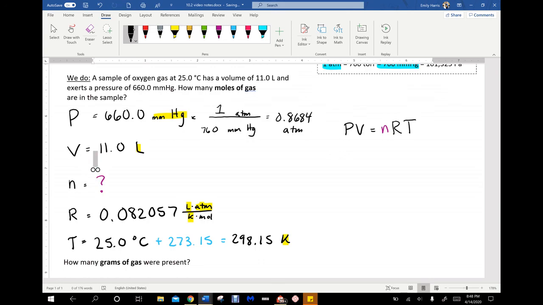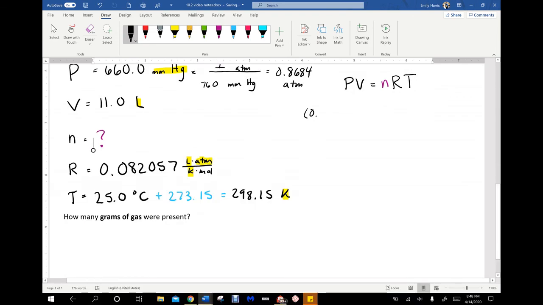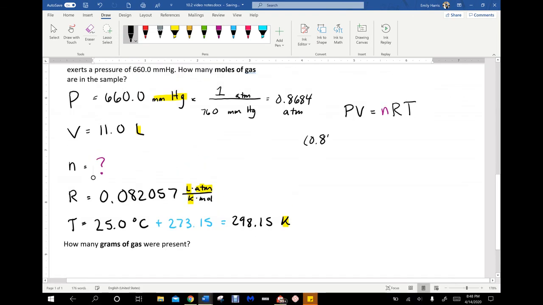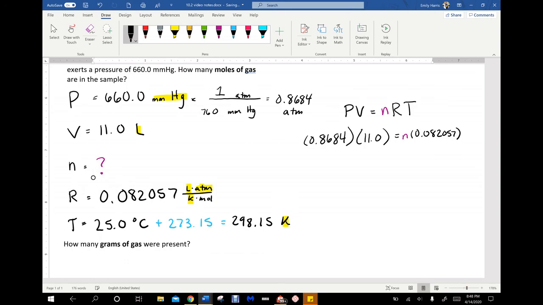So our pressure is 0.8684 times the volume, 11 liters, is equal to n, unknown, times R, 0.082057, times our temperature in Kelvin, which is 298.15.